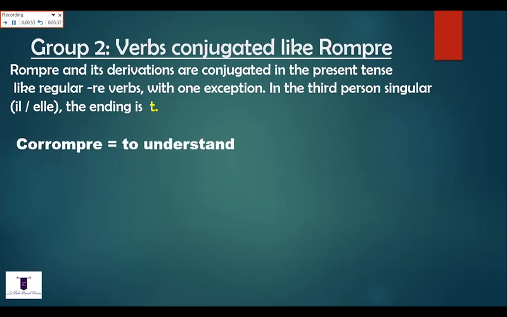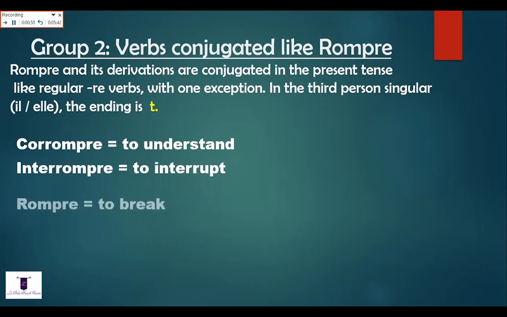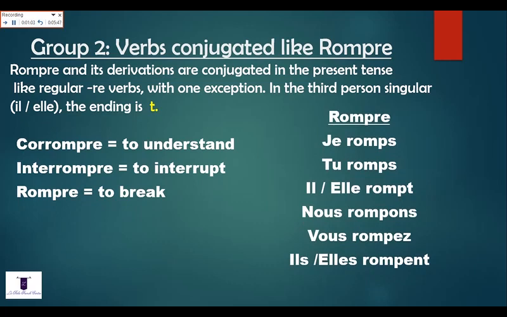In this group, for example, we have corrompre, interrompre, and rompre itself. So how do you form the present tense of these verbs? If you look at rompre: je romps, tu romps, il ou elle rompt, nous rompons, vous rompez, ils ou elles rompent. With the regular verbs, for il, elle, you will not see anything at the end of the verb when you remove the RE.